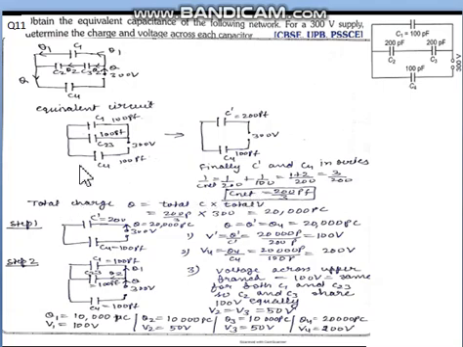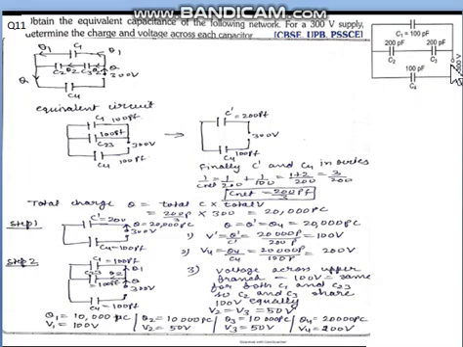Now our target is to solve the charge and voltage across each capacitor. So in these individual calculations, we have to find Q1 V1, Q2 V2, Q3 V3, Q4 V4. 8 data we have to calculate because we have 4 capacitors.